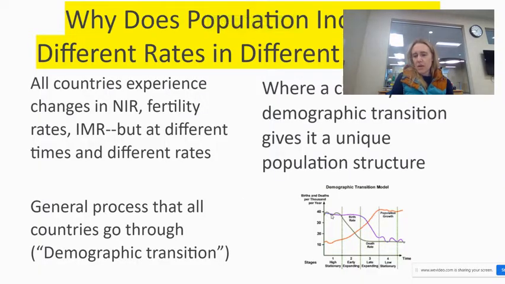For most of human history, countries had very high birth rates and pretty high death rates. Then the death rates fell. Death rates fell first because of improvements in medicine and agriculture, and people started dying at a slower rate. But the birth rate still remained high.